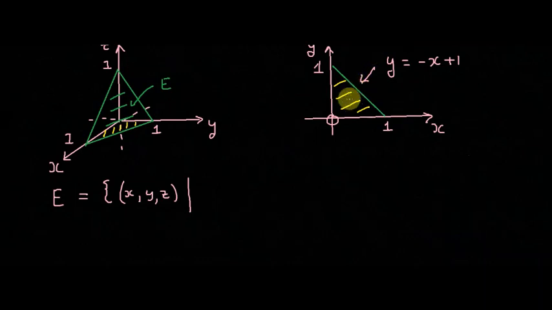So I'm going to use a type 2 region, which is going to be a vertical arrow. So we're going to regard x as being bound by numbers, and y we're going to regard as being bound by functions. So then x will be between 0 and 1.